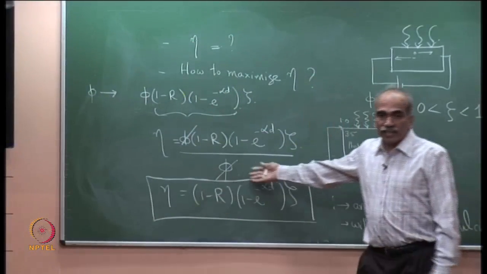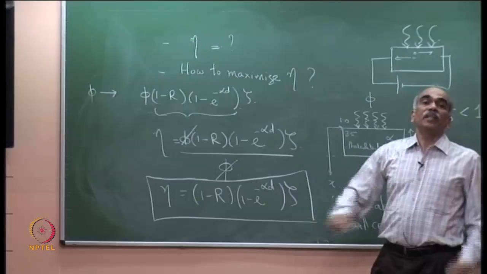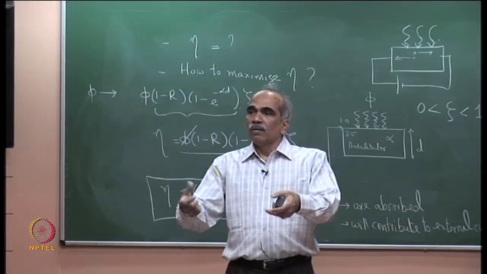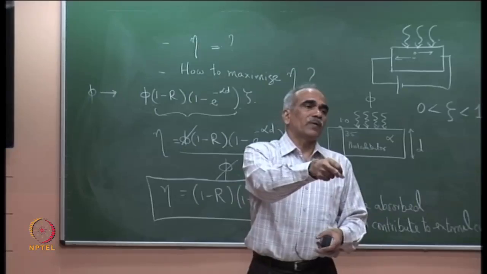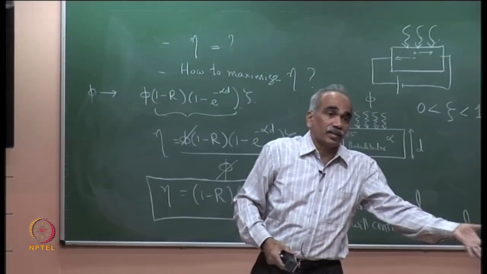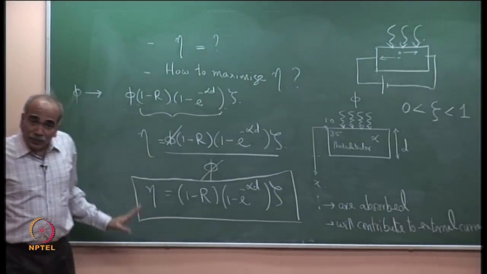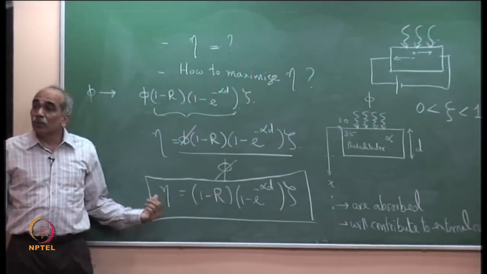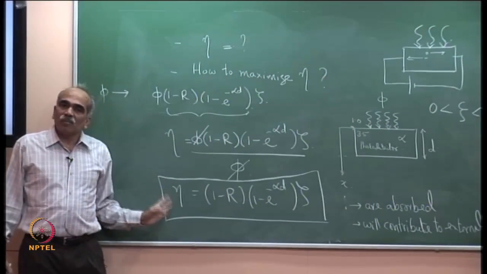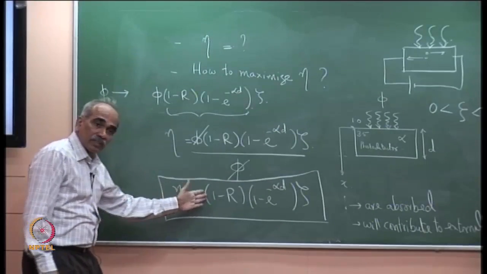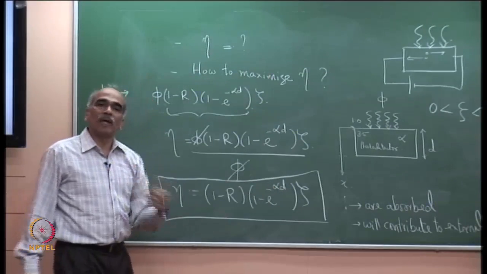Earlier I had written an expression for eta in terms of the optical power and the current, which is the practical thing. You know that this much power is incident and this much current is generated. That is what an engineer would like to see. But unless you know what factors contribute to eta, you cannot maximize eta. Now, let me tell you how to maximize it. Once I have written this expression, I know how to maximize this.